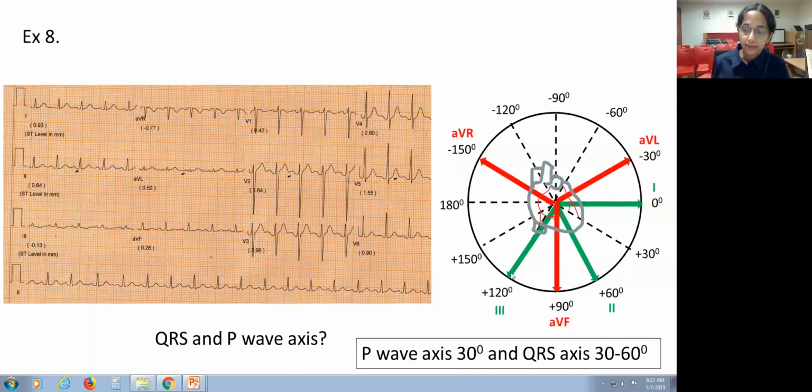So if my lead 3 is here, exactly perpendicular is here, so it's going to be plus 30 degrees, and my lead 2 is also positive, so it's around 30 degrees. So this is how you would calculate your QRS and P wave axis.